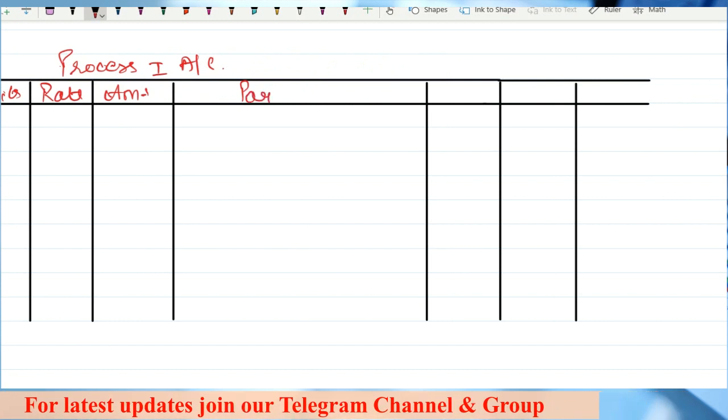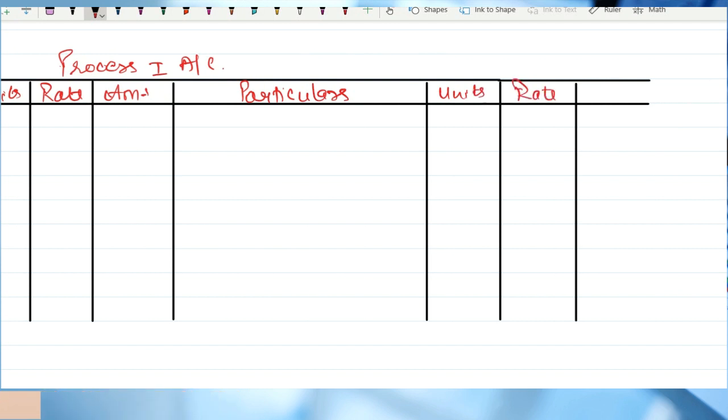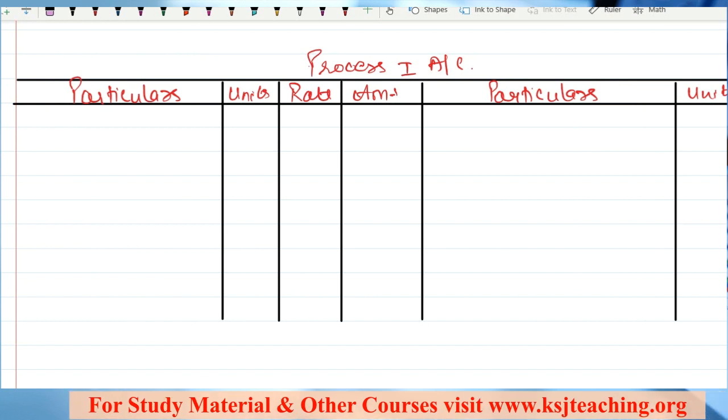Then we have particulars, units, rate and amount. See, the basic formats are important, right? So let's start.